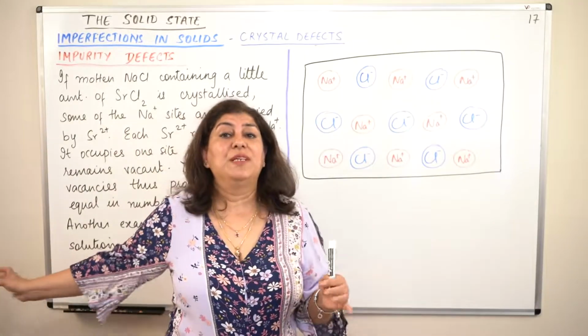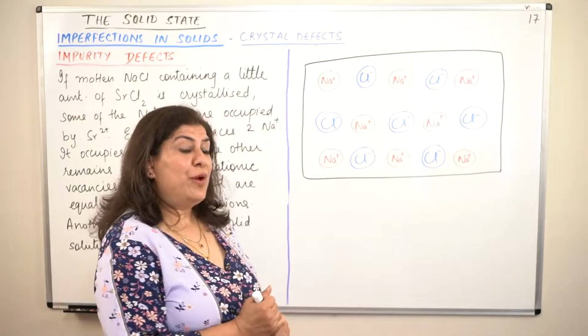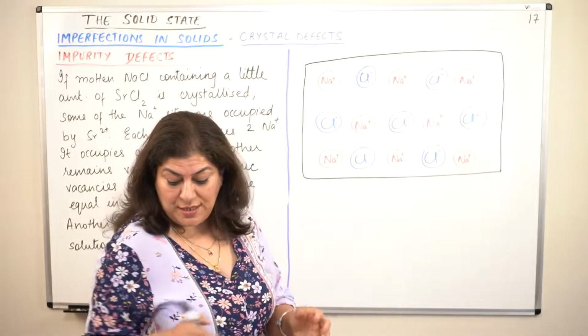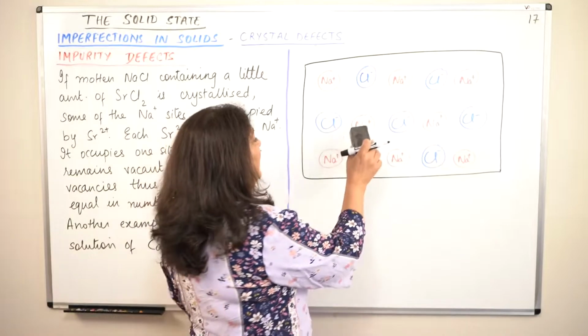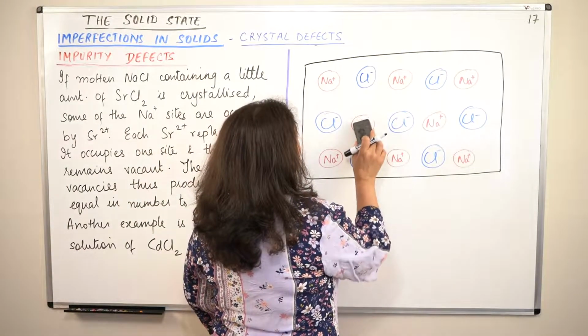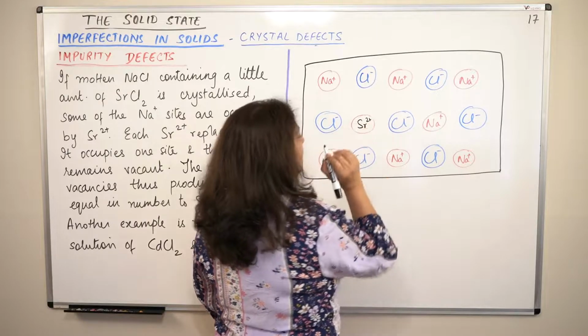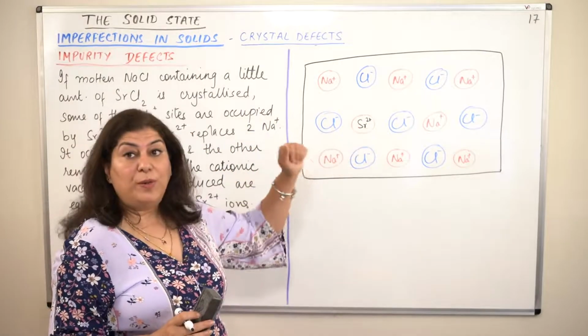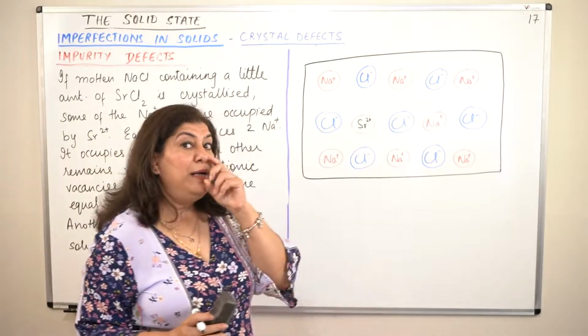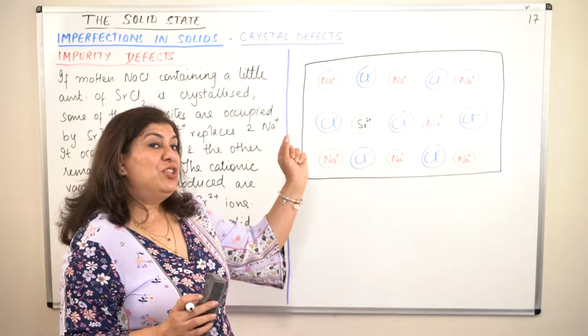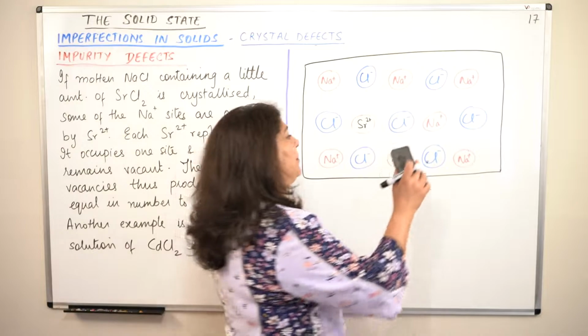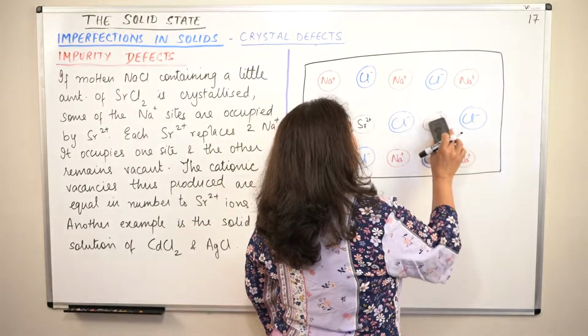If strontium is present as an impurity, what is going to happen? One of the sodiums is going to be replaced by strontium, Sr2 positive. Now the problem is that this is 2 positive, but sodium is 1 positive. So for every strontium, another sodium is lost, or it cannot be there.